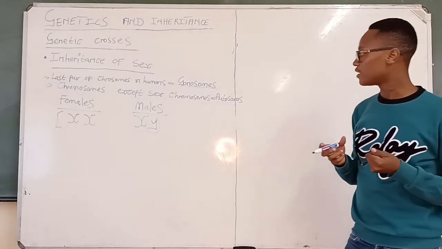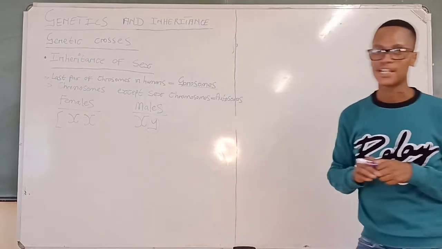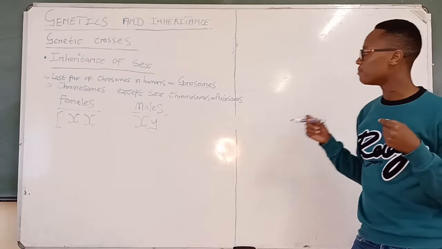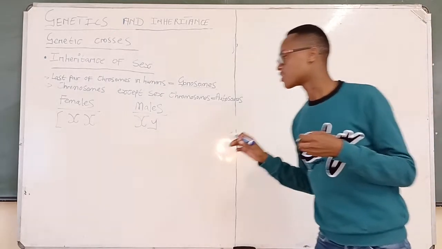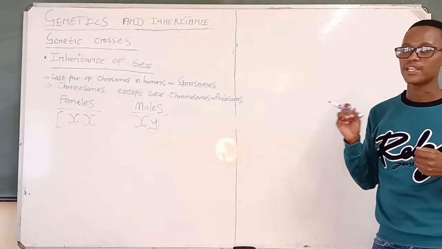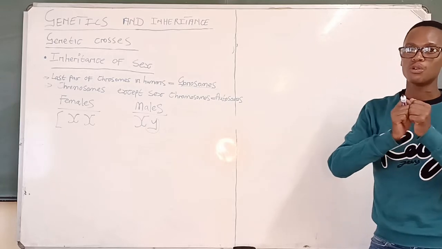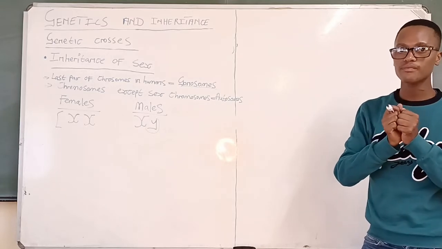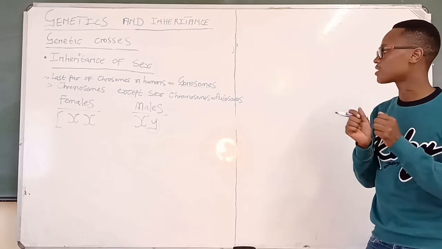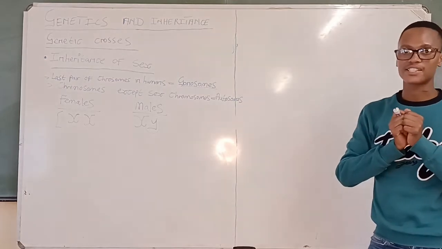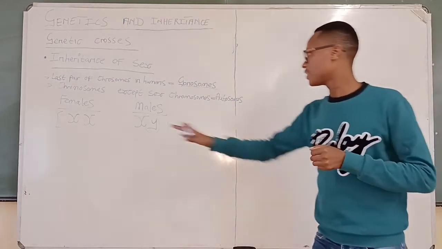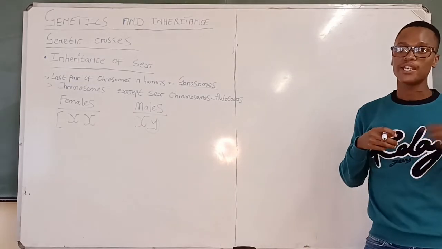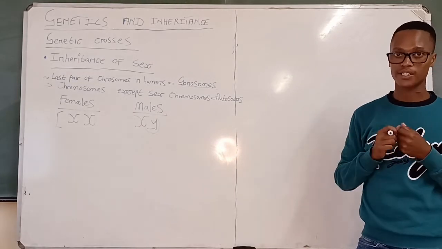When these two genders engage in sexual intercourse, we want to see the possible offspring that can result. This couple can have a male or a female offspring.